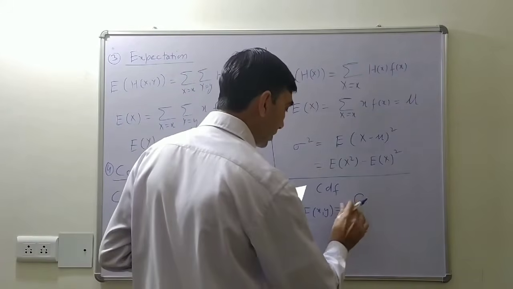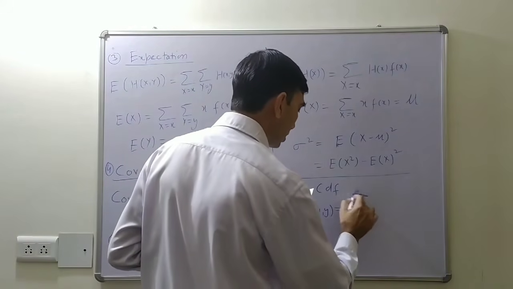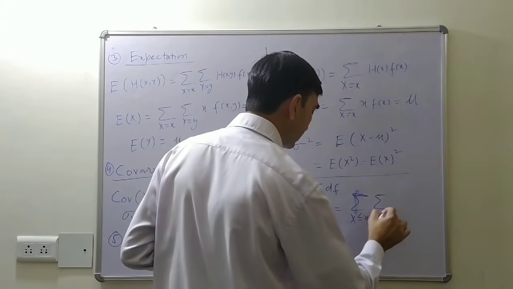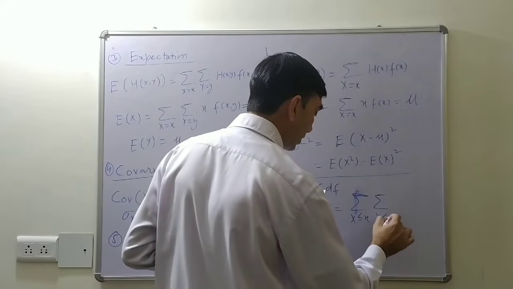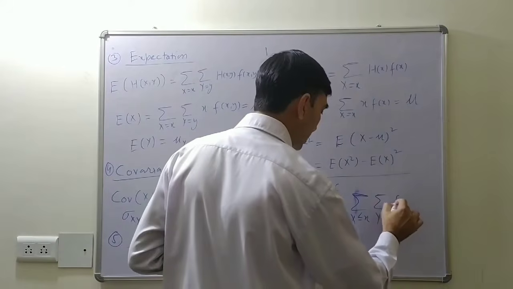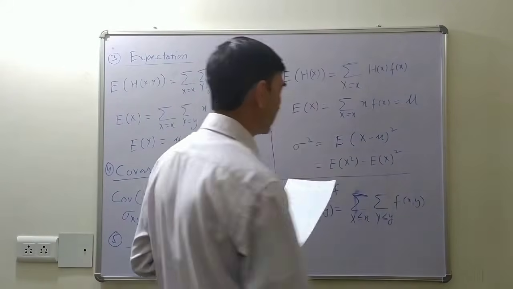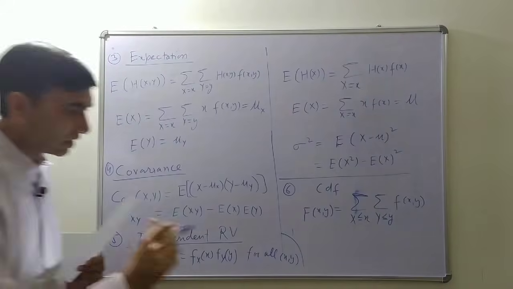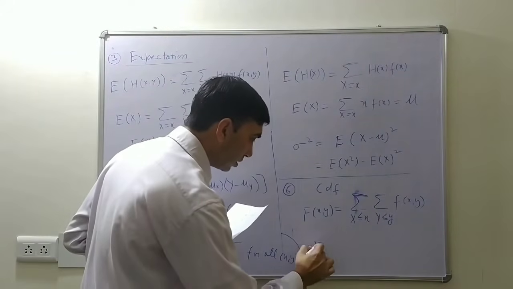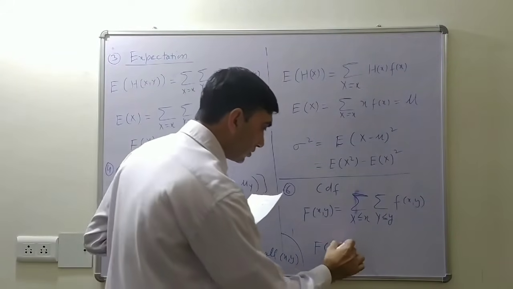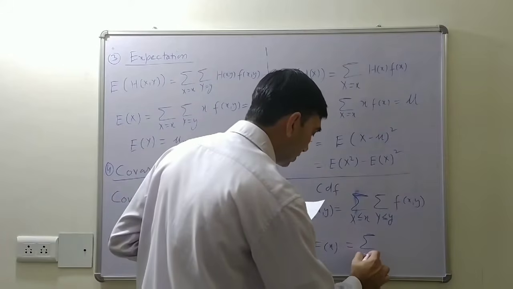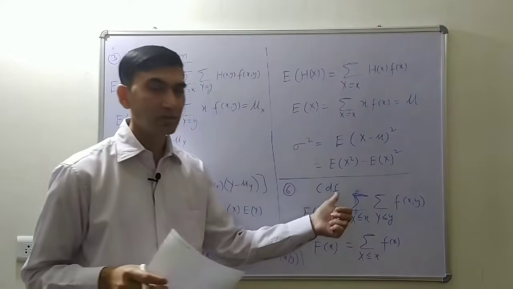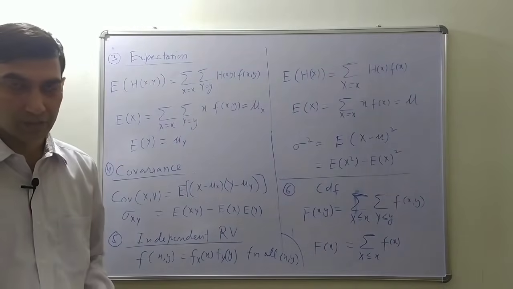It is defined as sum of probabilities up to given values of x, y. If you recall, in case of single discrete random variable, the CDF is sum of probabilities up to x. So this definition is just analogous to the single variable case. Fine.